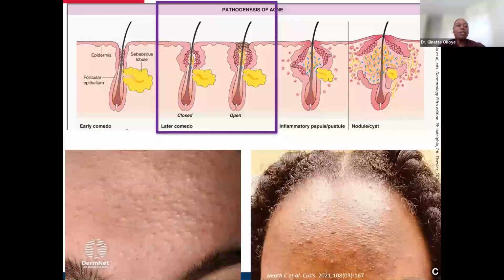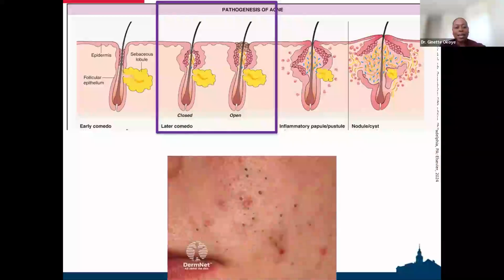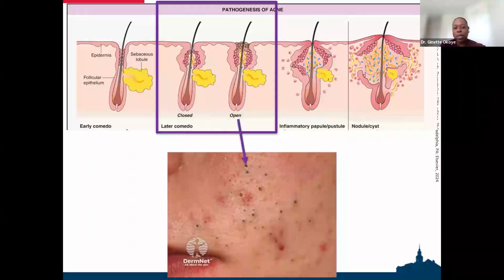But if it stretches enough that some of the dead keratinocytes and sebum gets exposed to the air, that turns black. It basically oxidizes upon exposure to the air, and you get a blackhead or an open comedone. So these are some nice photos of closed comedones here, just these tiny bumps. And here is a nice example of someone with open comedones or blackheads.